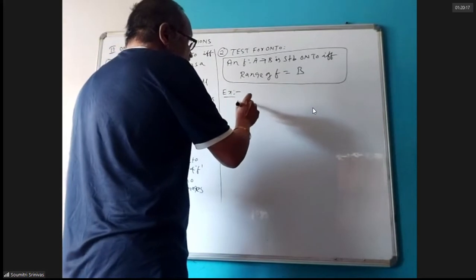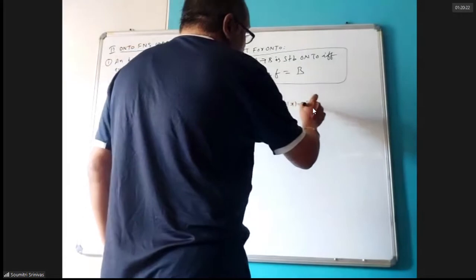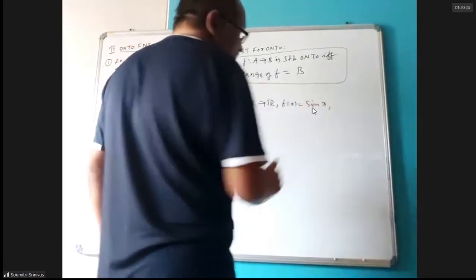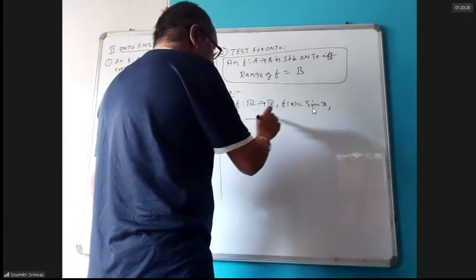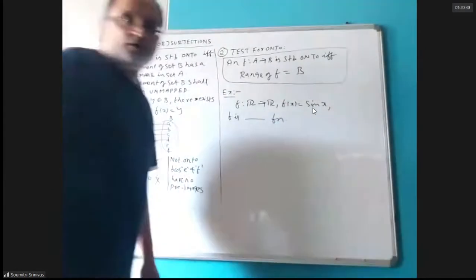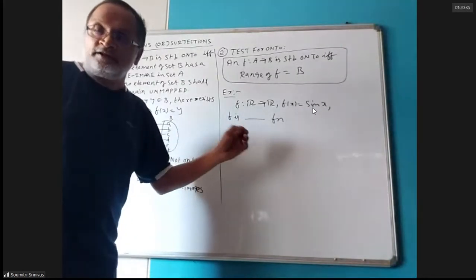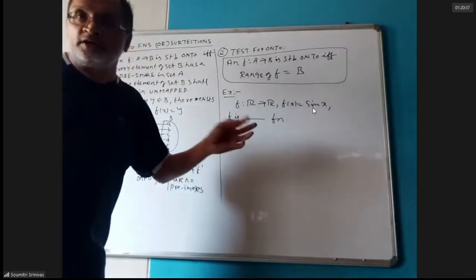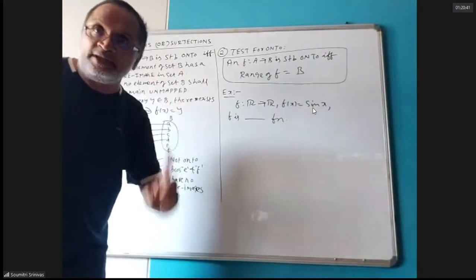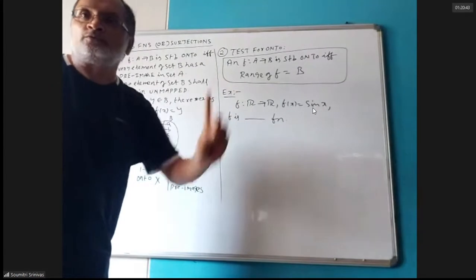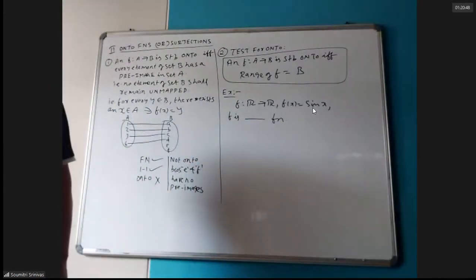A simple example. f is a function from R to R, f of x is equal to sin x. You should not describe it as a nice, good-looking function. We are not asking for that. The question asked will be: is it one-one? No, sir.